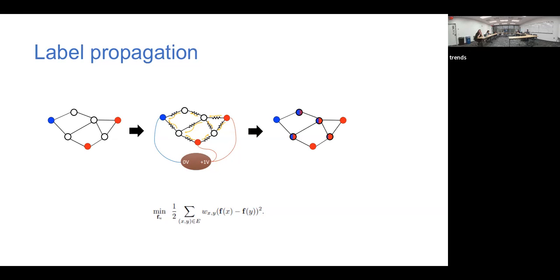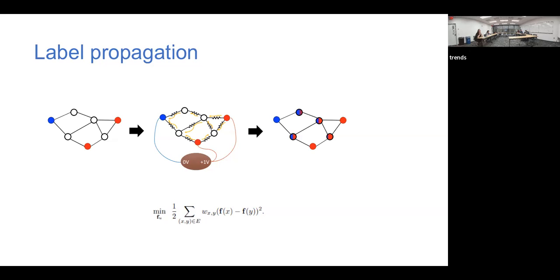So let's assume that we have the edges, and we put edge weights on them that describe the similarity between the endpoints. If two points are very similar, the edge weight between them is large, and then we propagate the labels from the labeled to the unlabeled points through the edges on the graph.